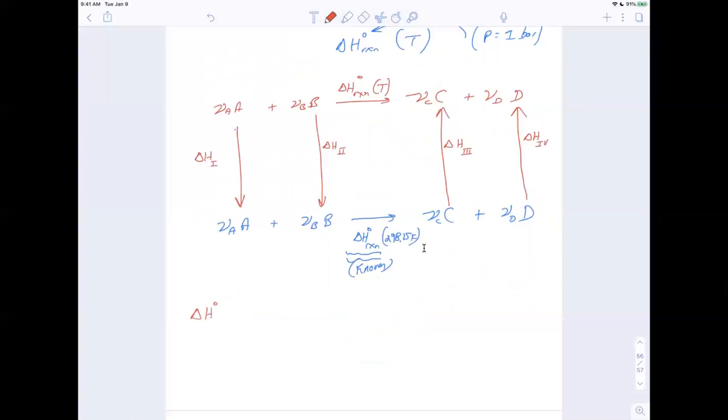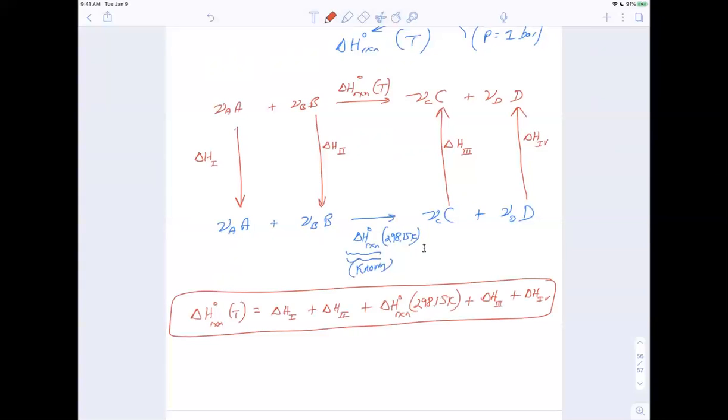Delta H, again, that superscript 0 means 1 bar pressure at whatever T is going to be delta H1 plus delta H2 plus delta H reaction at 298 plus delta H3 plus delta H4. So that's it. I mean, so simple, right? And that's because H is a state function.